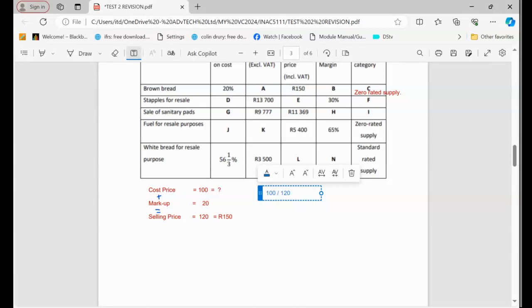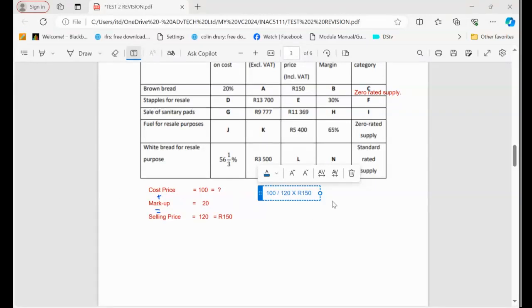And thereafter, what must you do? You just have to multiply by what? We multiply by the amount. So the amount here is going to be how much? It's going to be 150. Can you see now? I said 100 over 120 times 150. So how much do we get? Let's see.